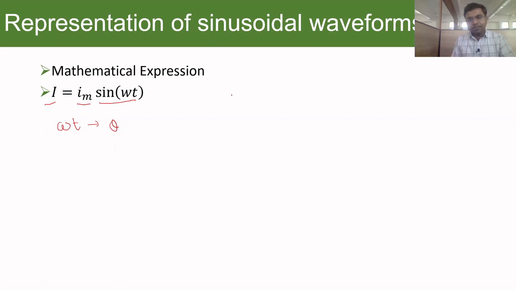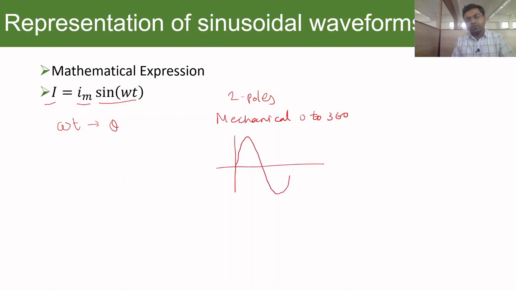Let's say we have two poles. When the mechanical angle varies from 0 to 360, in proportion to this angle the voltage also varies in a sinusoidal fashion. So my voltage will also vary like this, at 0, 180 degrees and 360 degrees.